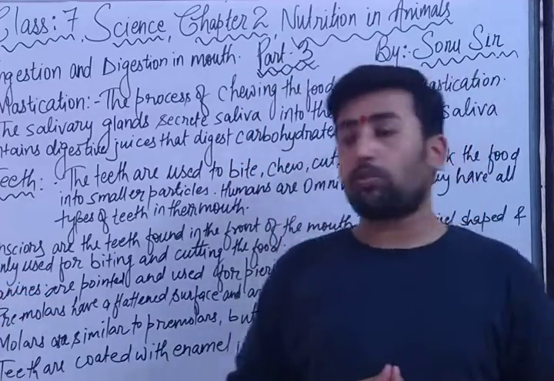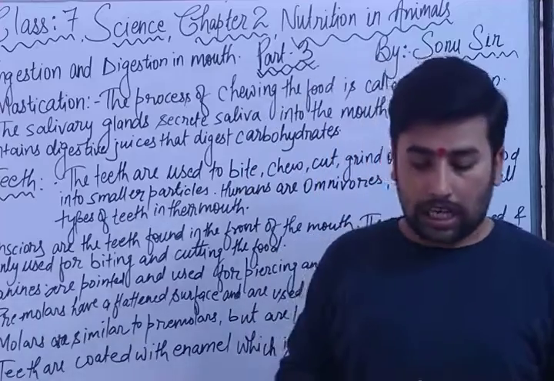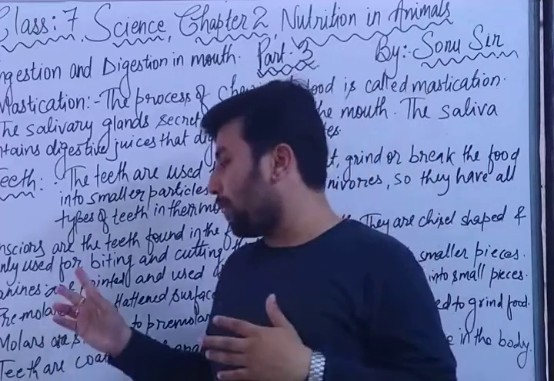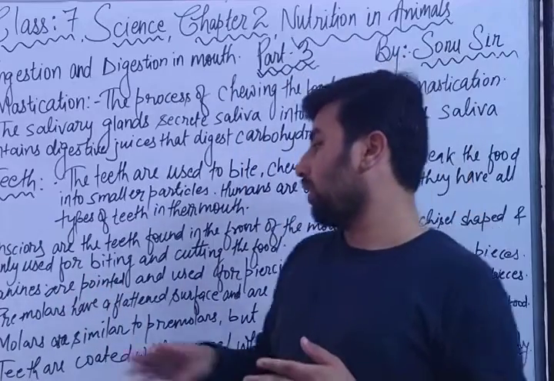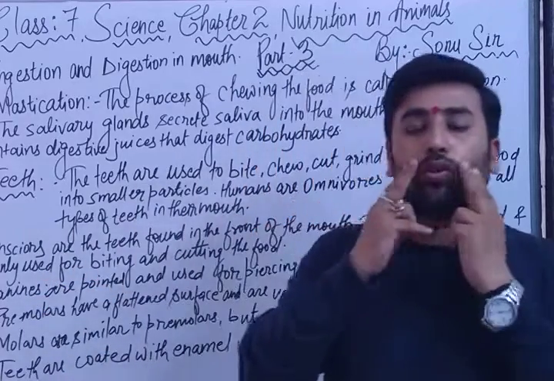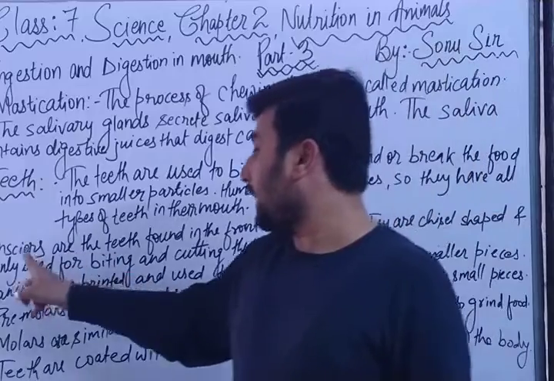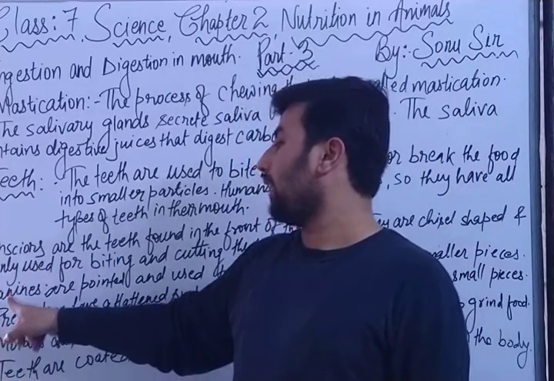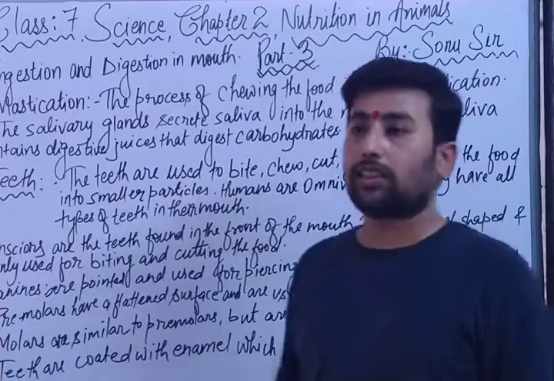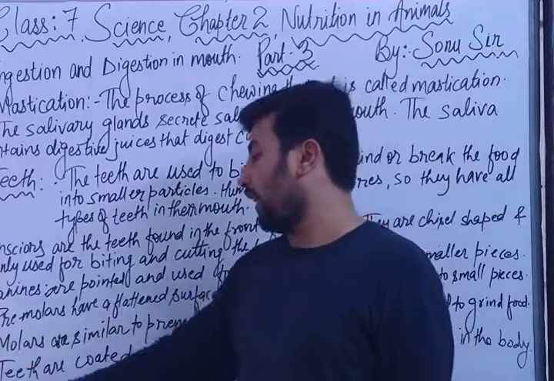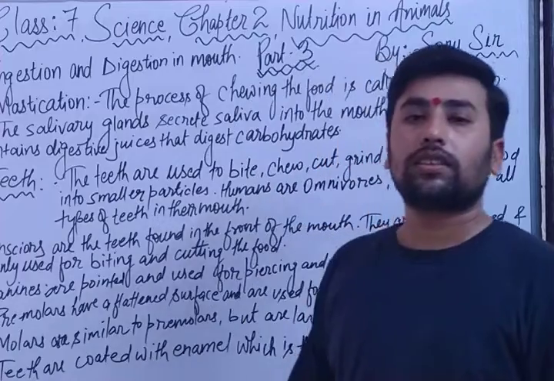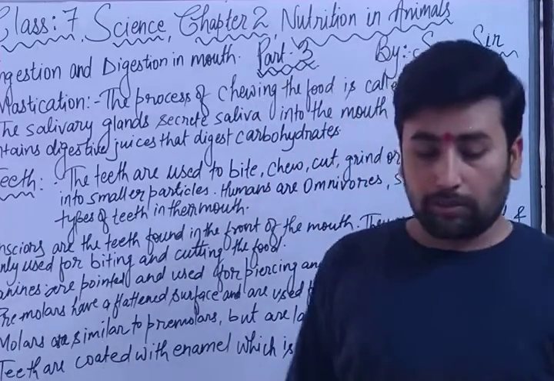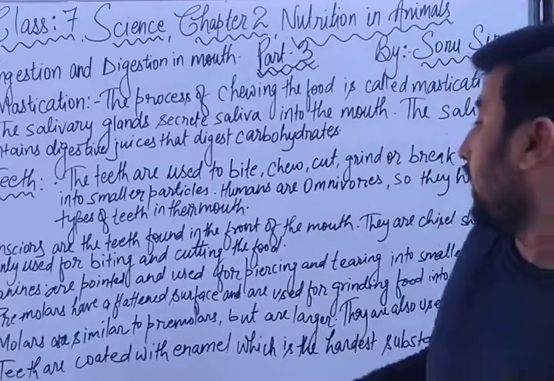Premolars, 2 up and 2 down, total 4, 4 to the 8. 8 incisors, 8 premolars, 8 to the 16. And total 4 canines. So 16 plus 4, 20. And total molars 12, 6 upside and 6 downside. So total 32.